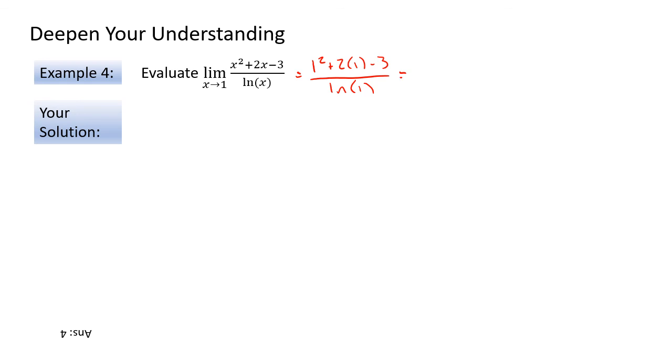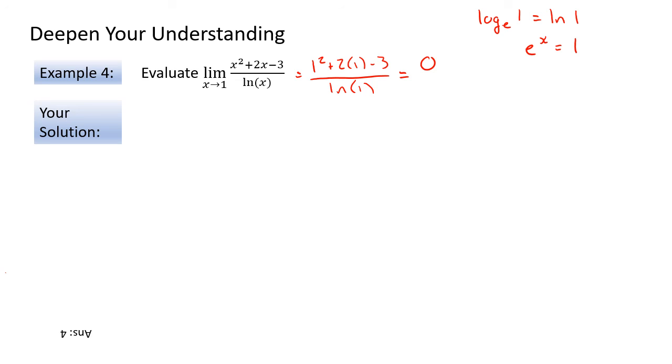And for ln, remember, ln is the same as log with the base e. So if it's log base e of 1, that's the same as writing ln 1. What that means is e to some value x has to be equal to 1.